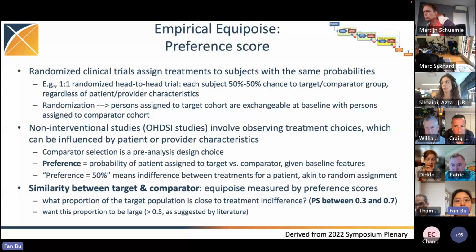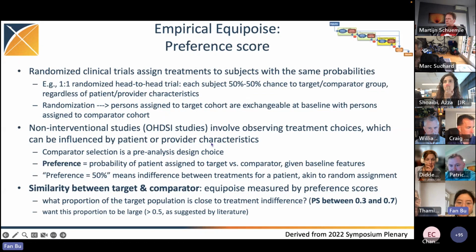In a one-to-one randomized head-to-head trial, each subject will have a 50-50 chance to be assigned to the target group or the comparator group. However, for our observational studies, we don't get to assign treatment choices, we only get to observe them. So that means treatment choices can be influenced by patient or provider characteristics because the patient groups are not randomized.